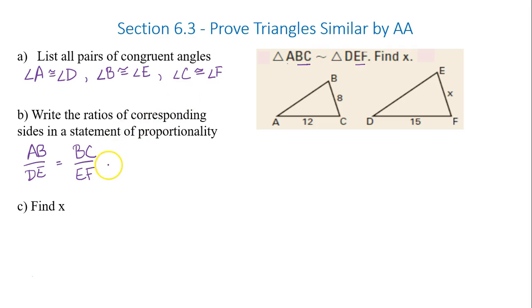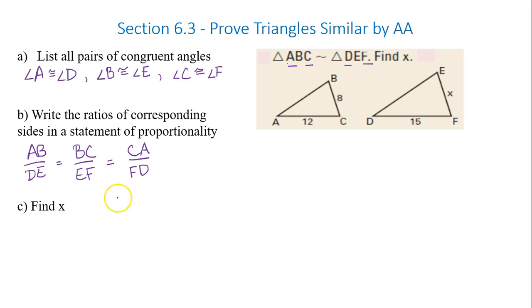And that's how I'm going to do my last statement too. My last ratio here is going to be CA over FD. And I'm done with my statement of proportionality there.